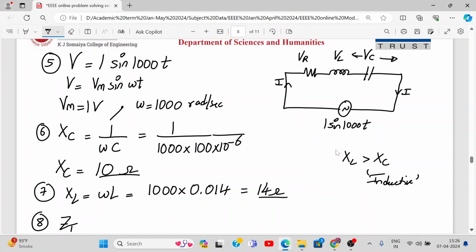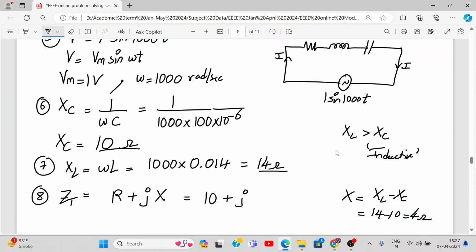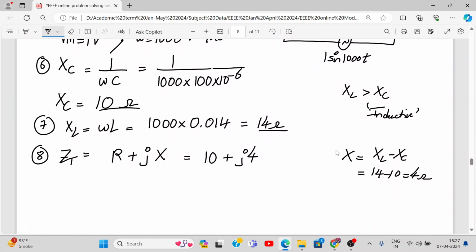So if it is an inductive circuit, what is the total Z in an RLC circuit? R plus JX, where X is XL minus XC. Okay? So R is 10 plus J, XL minus XC, how much is it? This is 14 minus 10. How much is it? 10 ohms plus J 4 ohms.